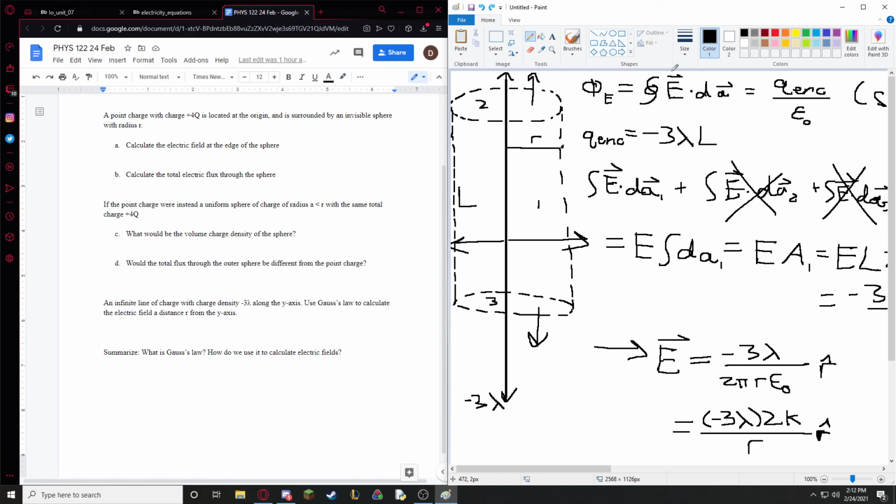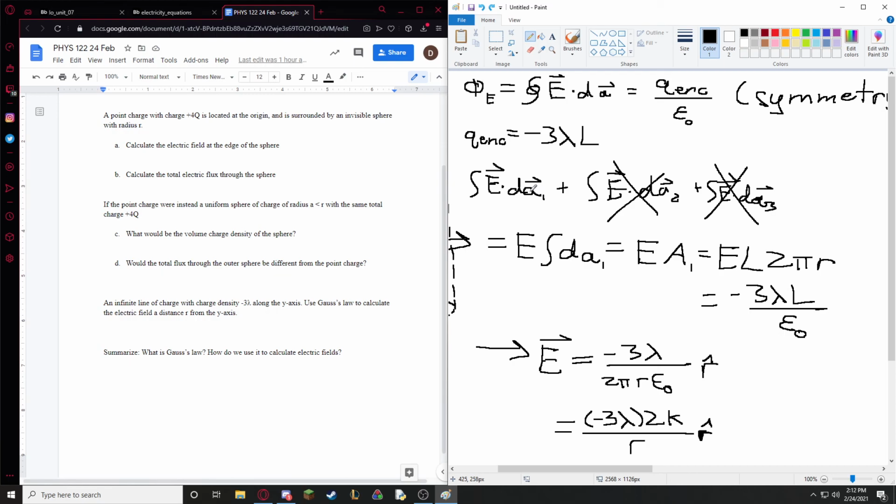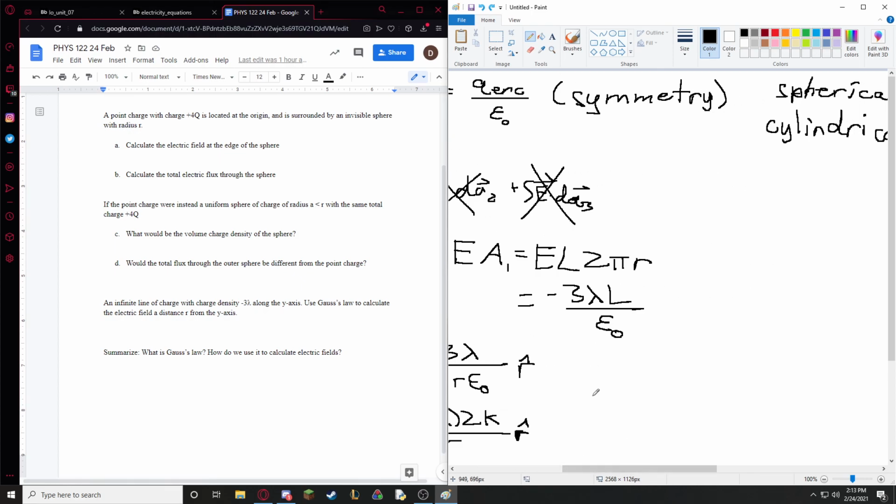Then we solve E dot dA, figure out which parts go away and which parts are just E times dA, which is just E times A. Then we divide Q enclosed over epsilon naught by the area to get our electric field. Boom, magic. It's a bit annoying to get the grasp of conceptually, but trust me, it makes your lives so easy, especially if you go into higher level physics classes.